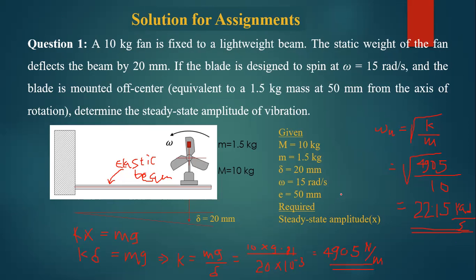So how can we find the steady state amplitude of vibration? We have rotating blades. These three blades are rotating about the axis of rotation, like this, at 15 rad per second.